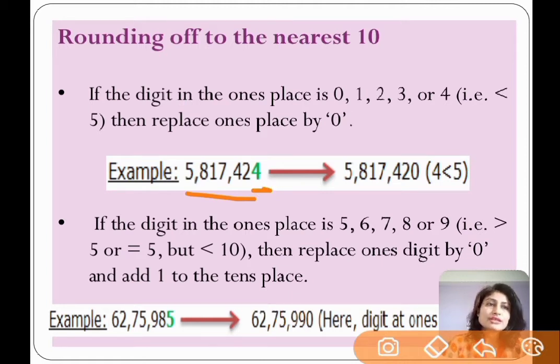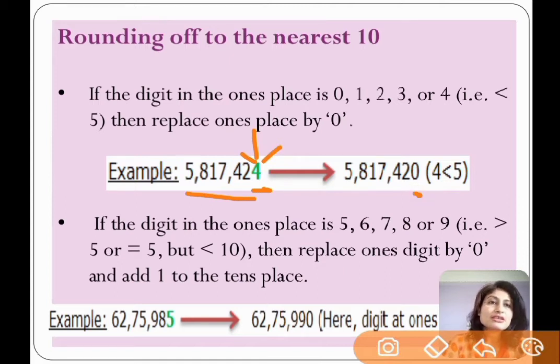It is 4 here. So check whether the ones digit is less than 5. Yes, it is less than 5. So what to do? Replace this ones position with 0.